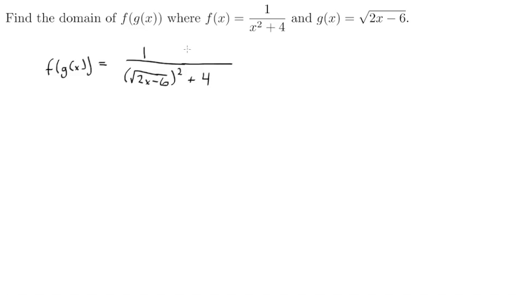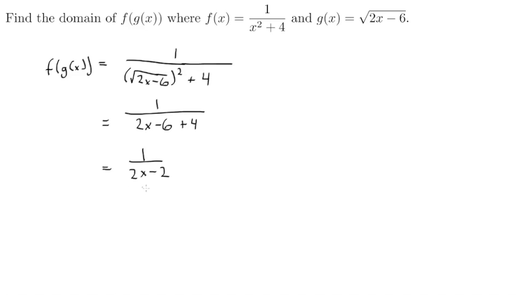So my composite function looks like that. If I simplify things and square a square root, they just cancel each other out. So I have 1 over 2x minus 2.